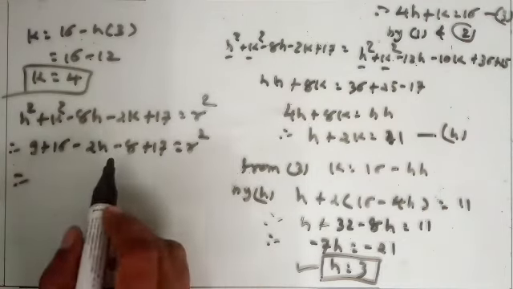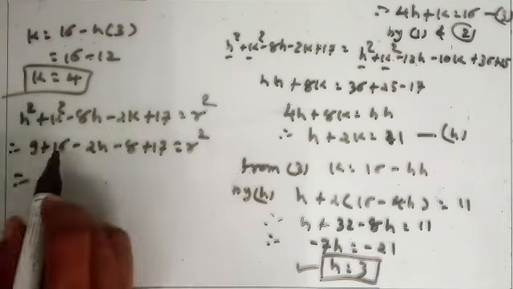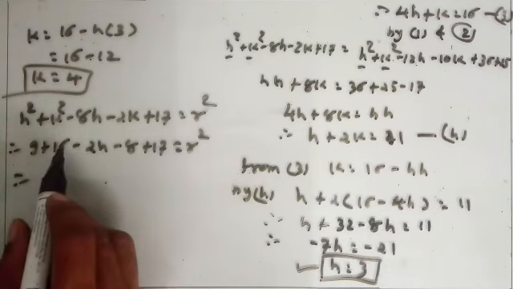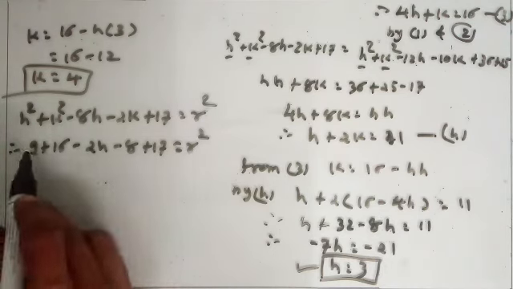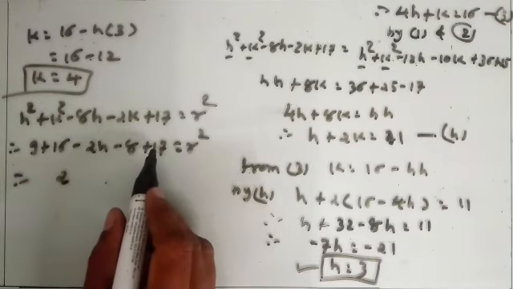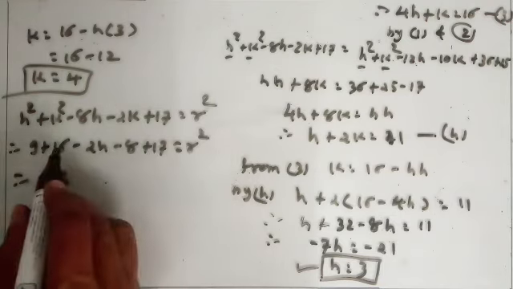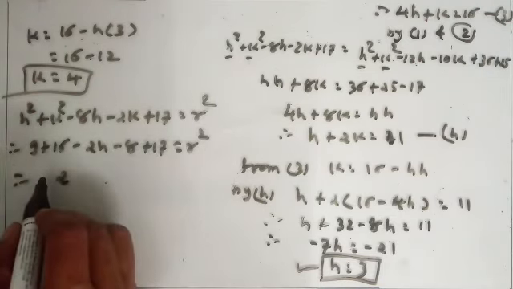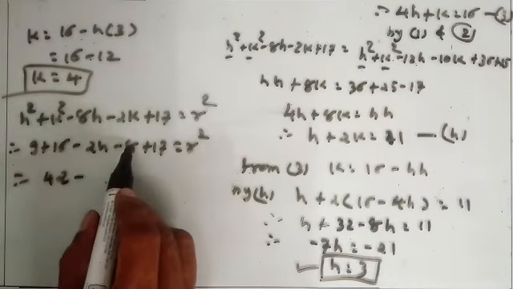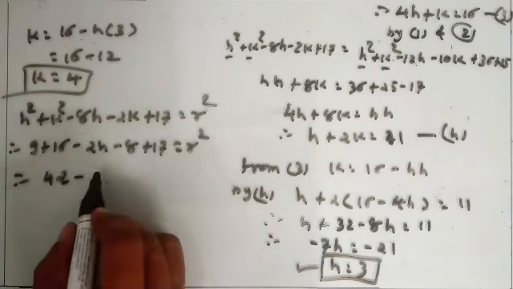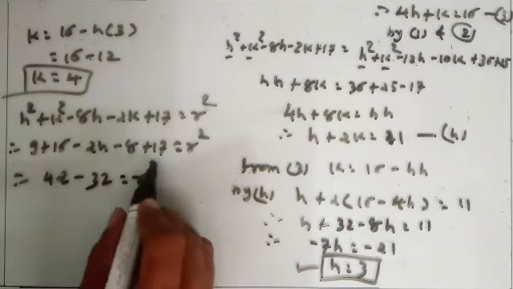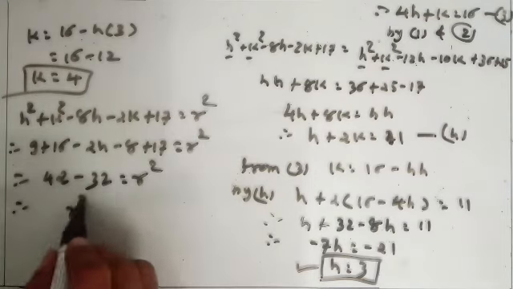Now simplify this. We get r square is equal to 10.